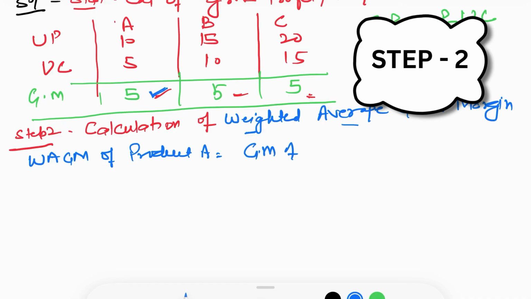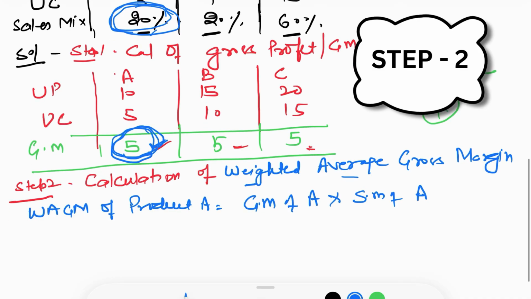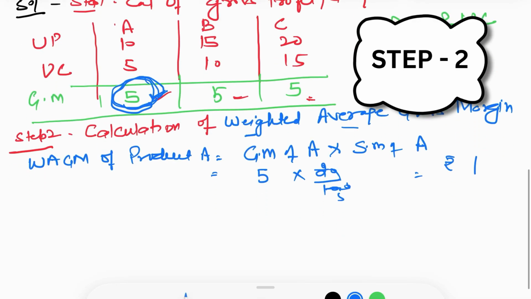Gross margin of product A multiplied by sales mix of product A. So what is the gross margin of product A? 5 multiplied by sales mix of product A, 20%. How much will I get? Rupee 1.